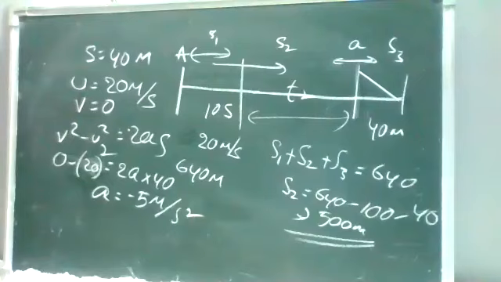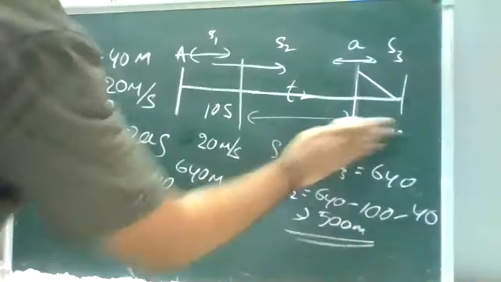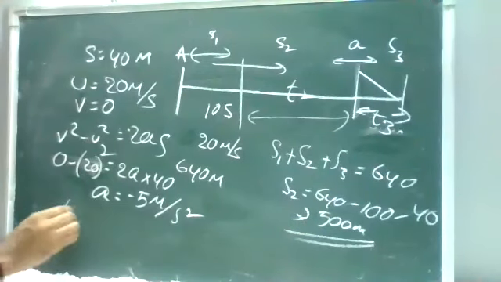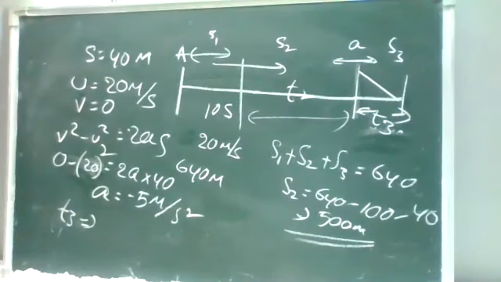We got the acceleration, right? So can we find the time period T3 for this case? Will you find the time period? I know the acceleration, initial velocity, final velocity and displacement. Try to find the time period from it.